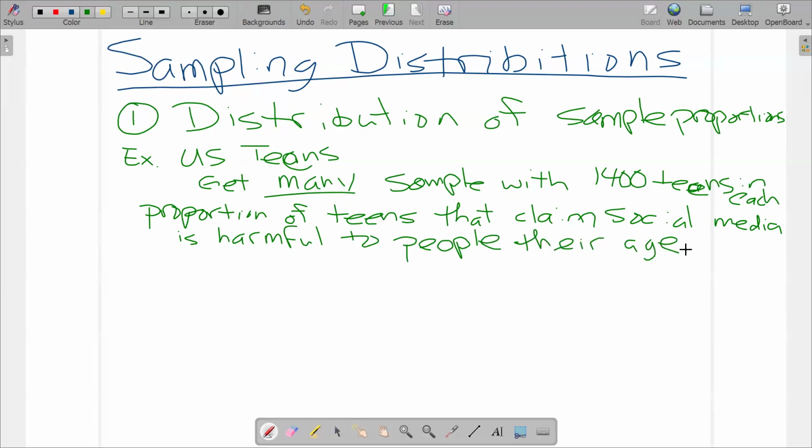And I actually did find a study that looked at this. Anybody want to take a wild guess at what the proportion might be? Proportion of teens that say social media is harming other people my age. 40%. 40%, good one. Yeah, someone else. Let's go with 30. 30%? Yeah, like 30% is what I was gonna say. I think it's pretty low. Yeah.